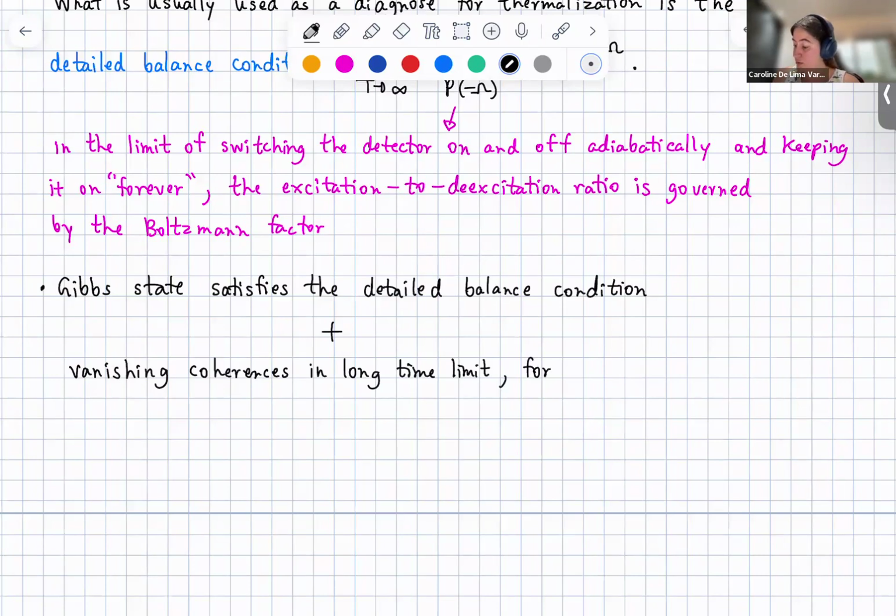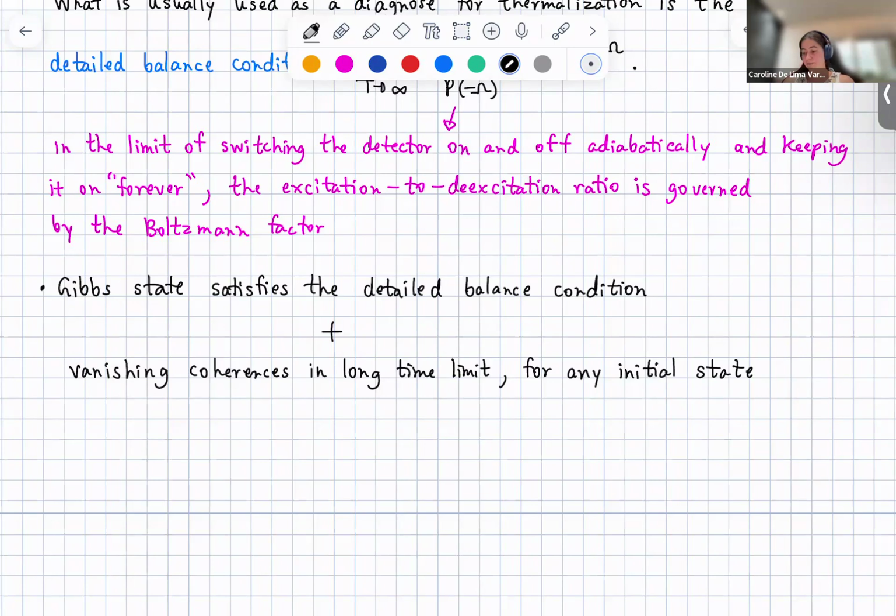And this is true for any initial state. I don't need to start my detector in the ground state. I can start my detector in any initial state and I would still be able to recover this Gibbs state. To recover this Gibbs state, I still need the coherence to vanish in this long time limit.